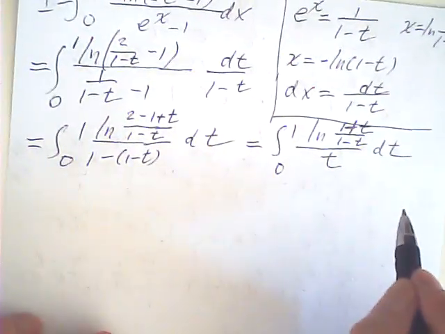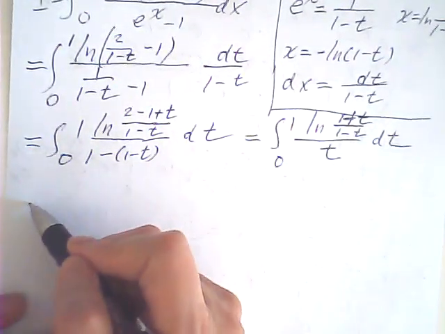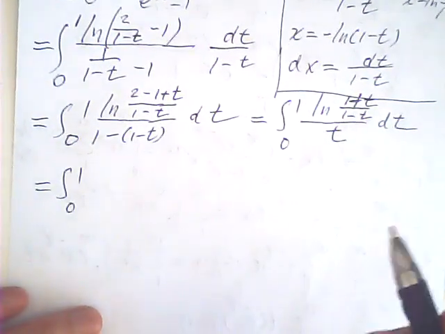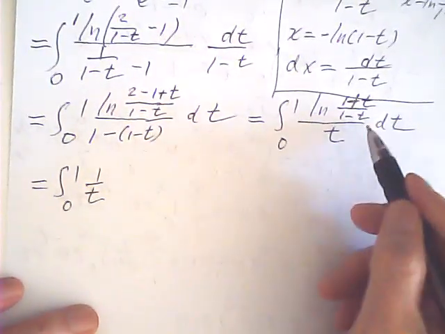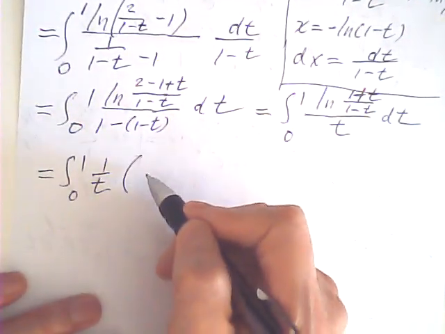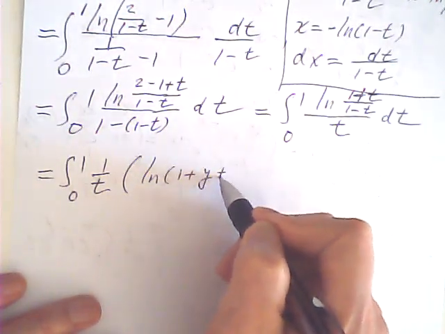Okay, it's clear. Then this one is equal to the integral from 0 to 1, 1 over t. Now for this log, I can write natural log 1 plus yt.